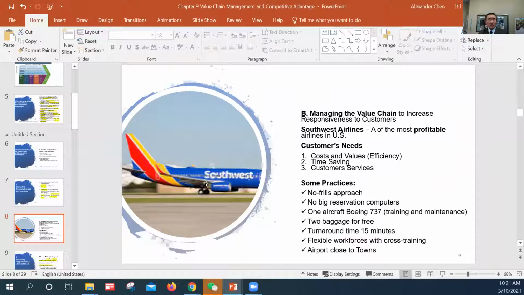And instead of discussing individual cases, I give you a case in your textbook, talking about Southwest. Southwest is one of the most profitable airlines. The largest airlines in the United States, three. Do you know which are the three? American, United, and Delta. Southwest is by no means the largest.